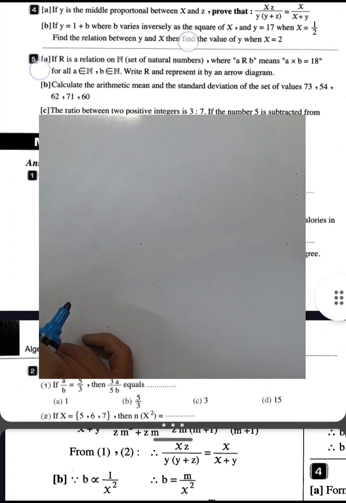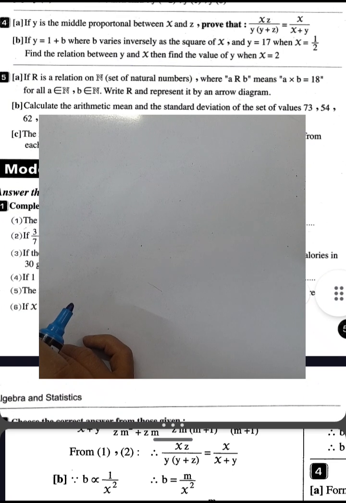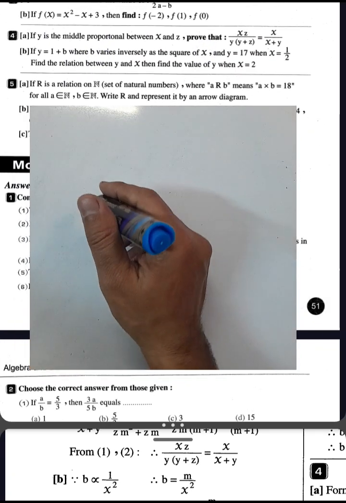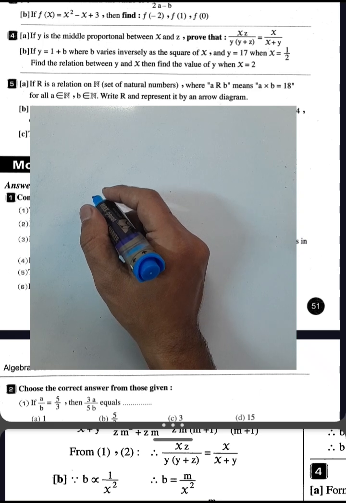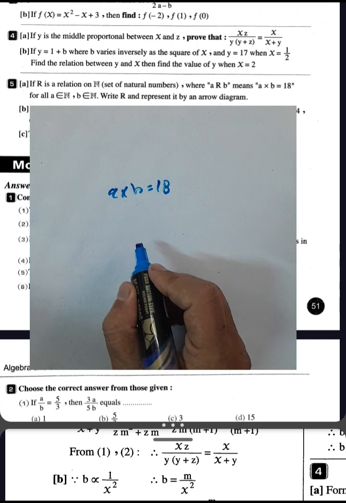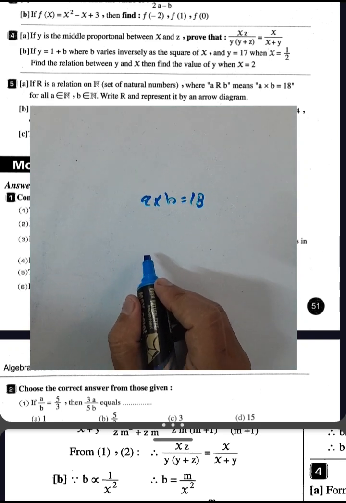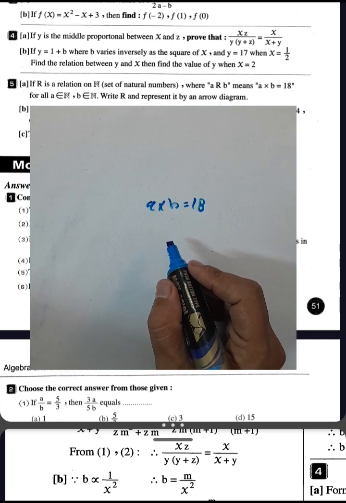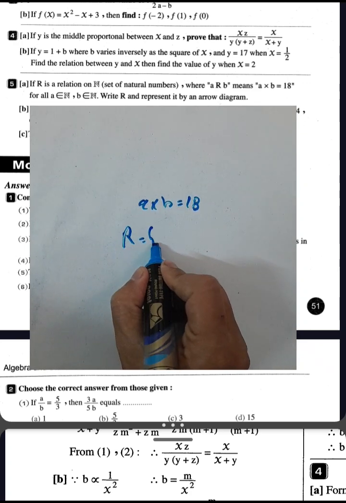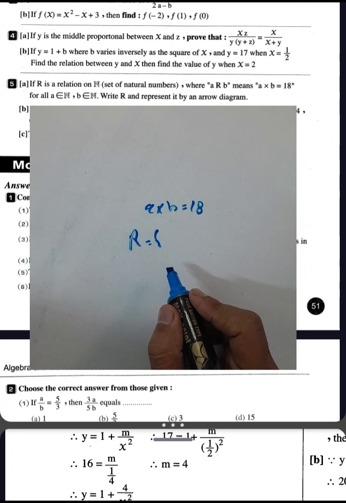Question 5. R is a relation on N, the set of natural numbers, a relation with b, meaning a product by b equals 18, for all a belonging to the natural numbers and b belonging to the natural numbers. Then you can find the relation on the natural numbers.